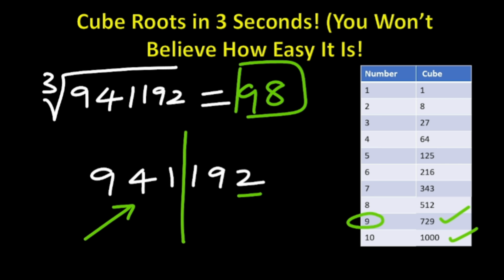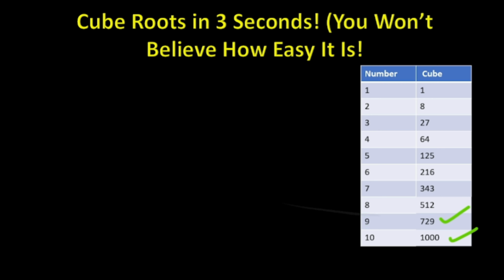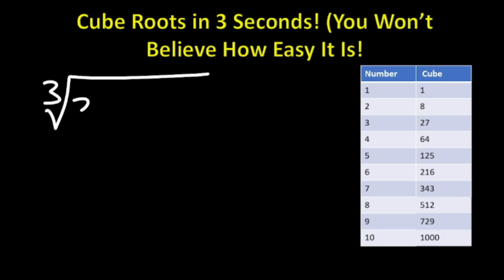Alright. Let's look at the next question. Say we are finding the cube root of another number. Let's take the cube root of the number 238328. So this is also a 6-digit number. Let's see what is the cube root of this number.